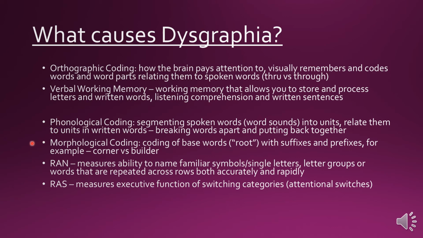Morphological coding, coding of the base root word with suffixes and prefixes. RAN measures the ability to name familiar symbols and single letter groups. And then RAS measures the executive function of switching categories.